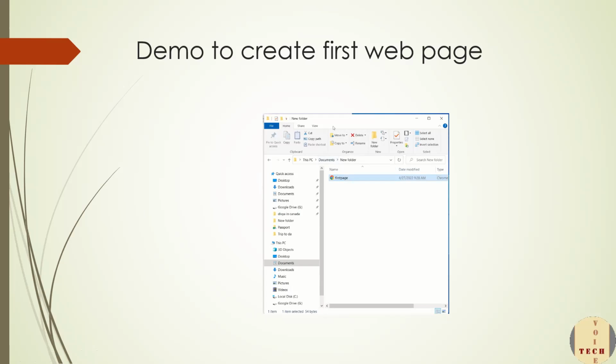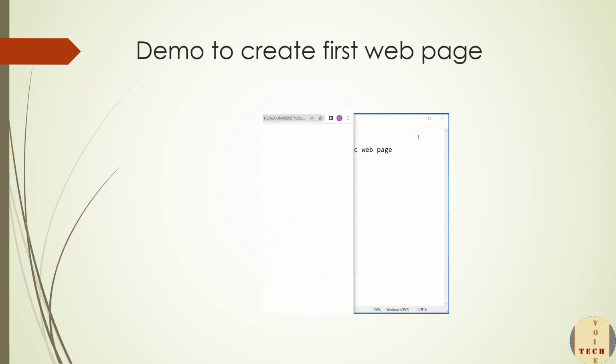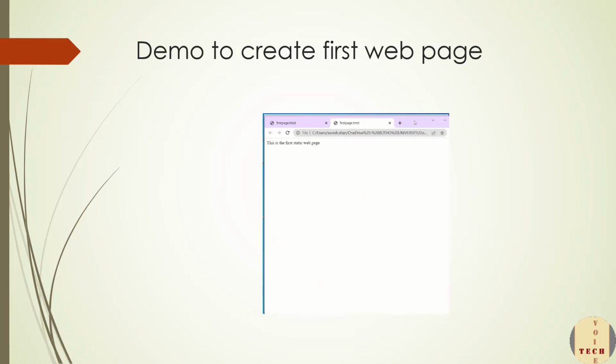Just double click, it will open in a Chrome browser. Let me know what you are seeing. This is the first static web page. It opened in a browser, right? Yes.